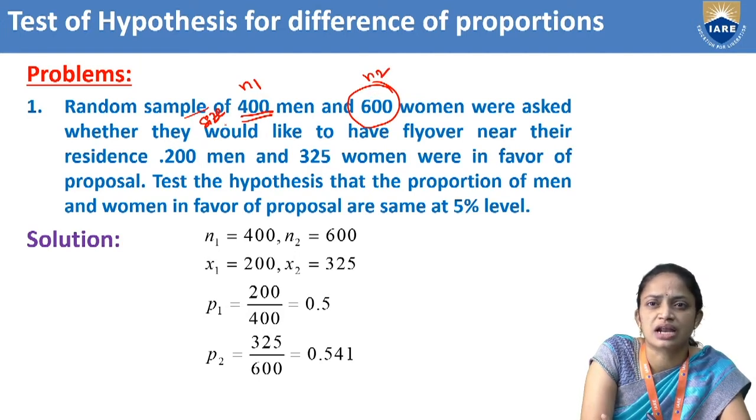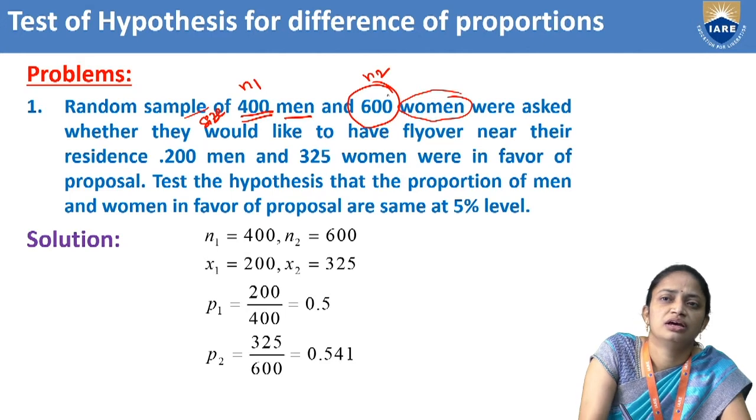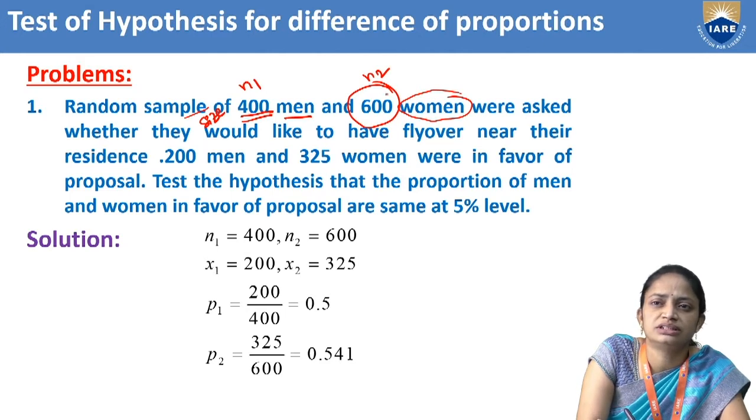So n1 equal to 400, and also let us consider the random sample for women, 600, equal to n2.